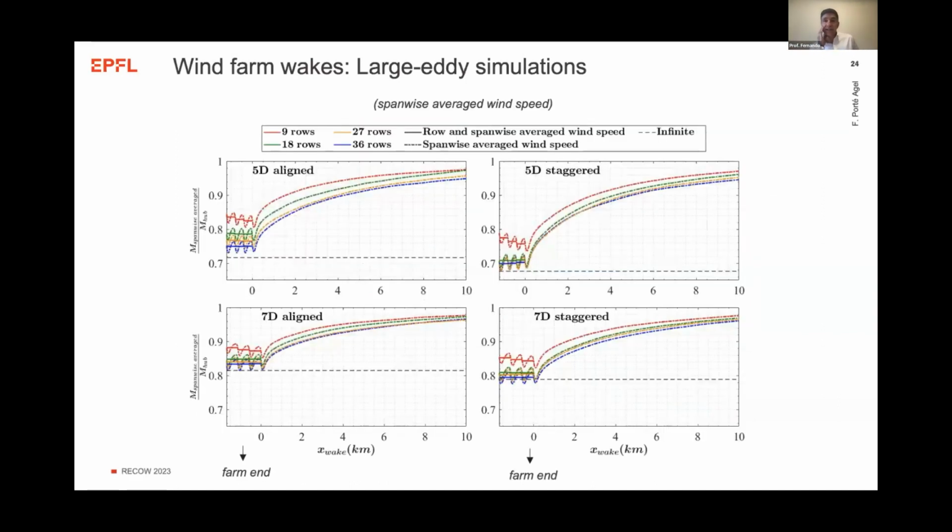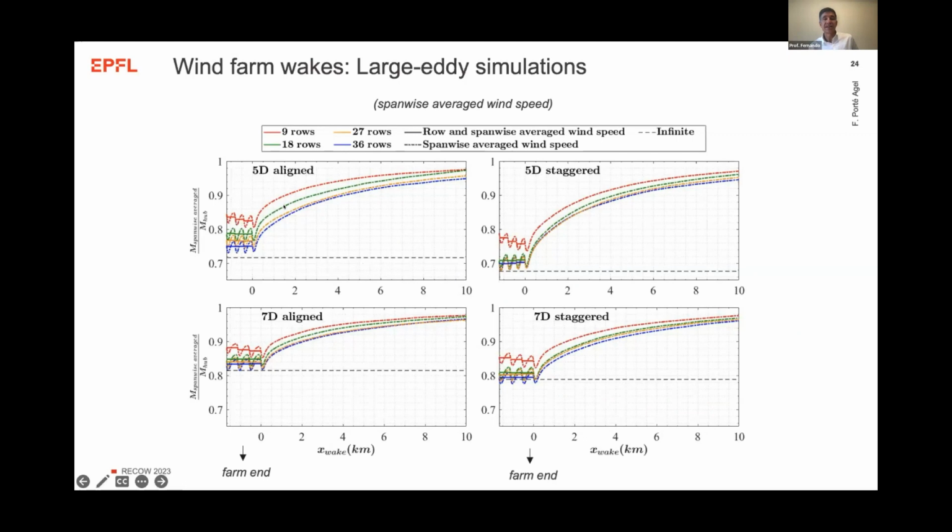So just some results. This is inside the farm, at the end of the farm, and these are the wakes. For any given configuration and density, you will see that there is a clear effect of the number of rows.